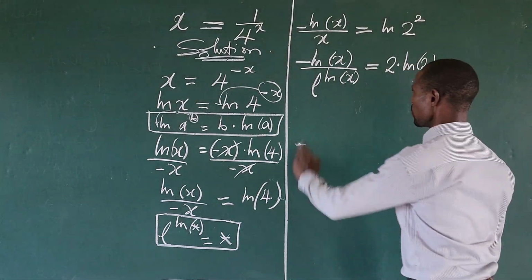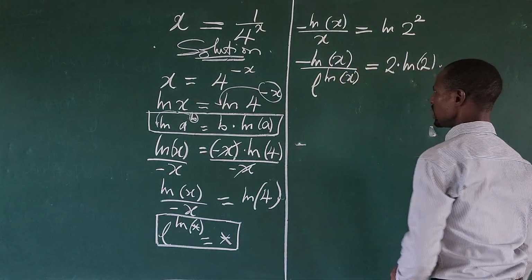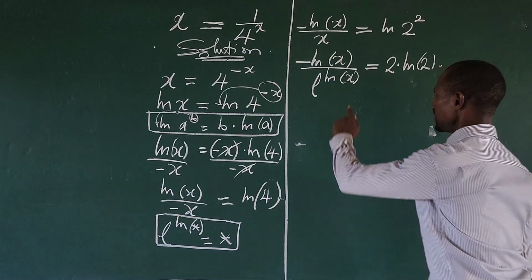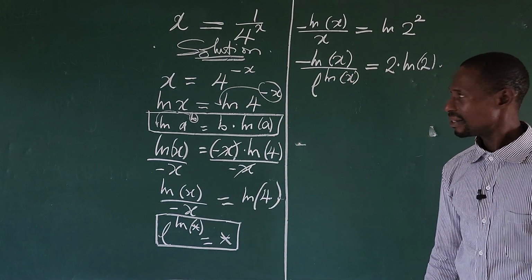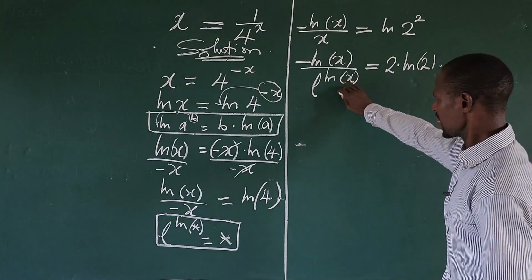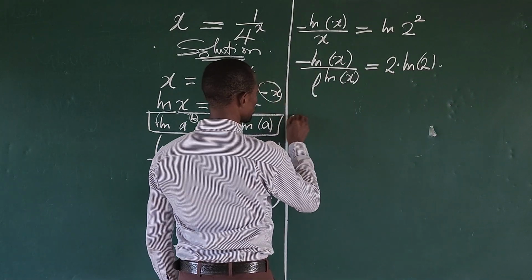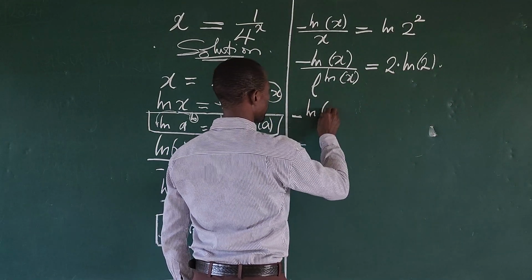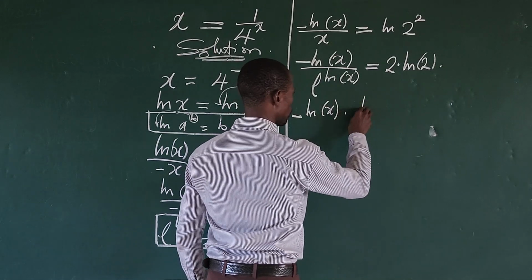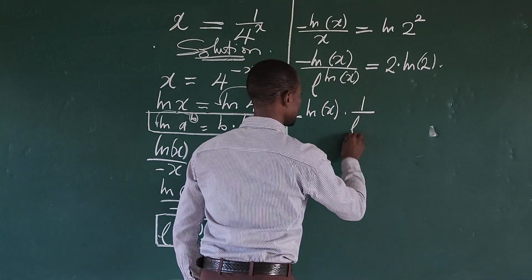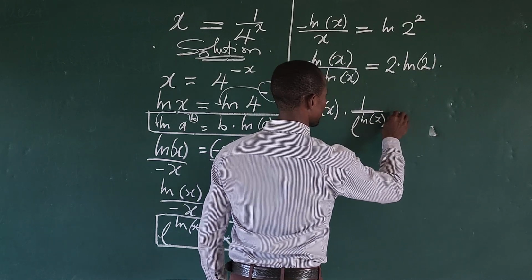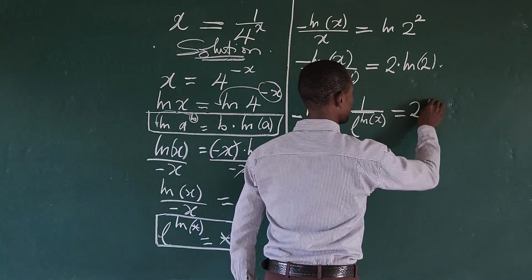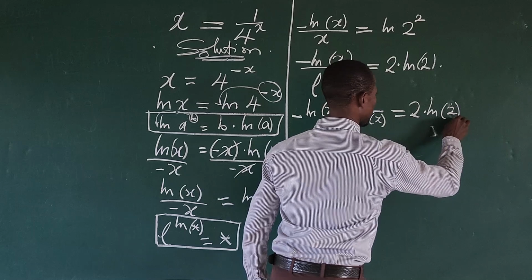Now we want to move this to this side of the expression, eliminating this division sign here. Because we know that we can rewrite this as minus ln of x times 1 all over e to the power of ln of x, close bracket, which is equal to 2 times ln of 2 here.